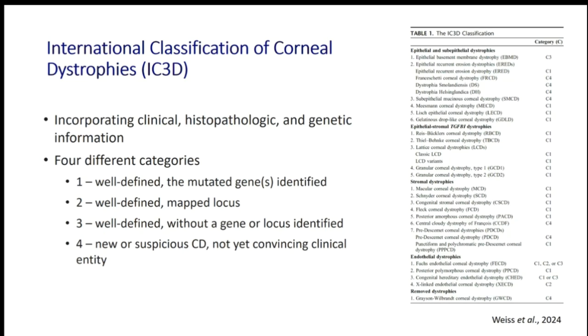Corneal dystrophies started to be classified into 4 categories, for which C1 is a well-defined dystrophy with the mutated gene or genes identified. C2 is well-defined with a mapped locus, whereas C4 is only a new, or suspicious, corneal dystrophy with not convincing data on its existence.